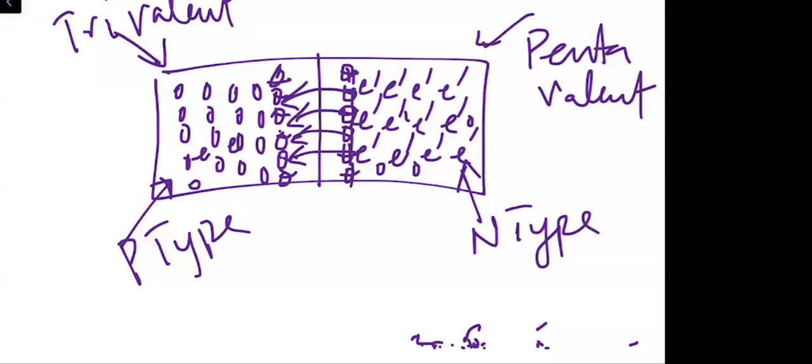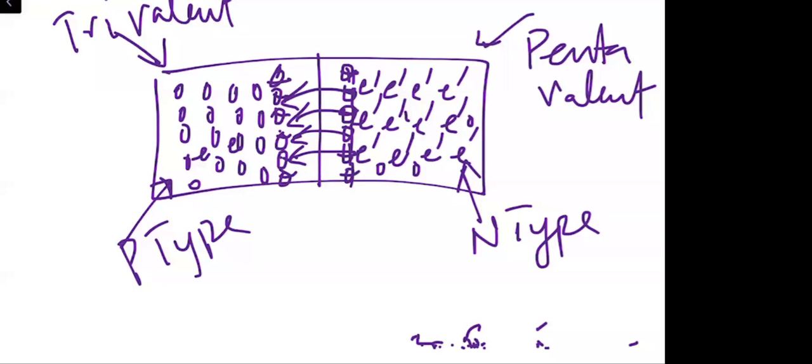This means that the force of attraction on 5 electrons will be more as compared to the 3 electrons which are in the valence band.